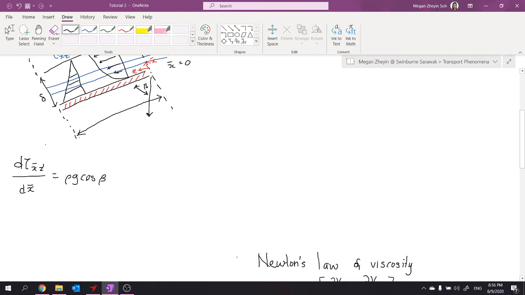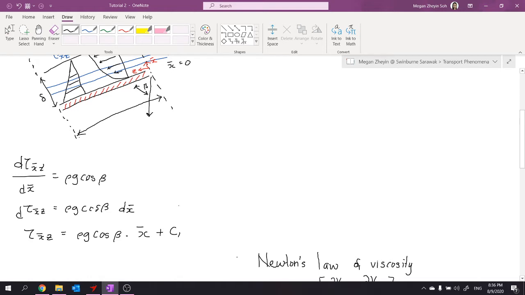So we will integrate this equation. Therefore, d tau xz equals rho g cos beta dx. Integrating, we get tau xz equals rho g cos beta multiplied by x bar plus C1.